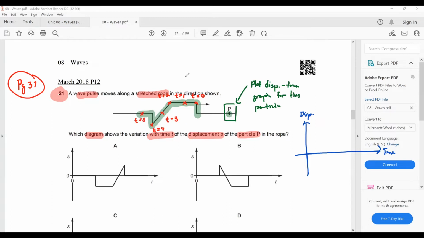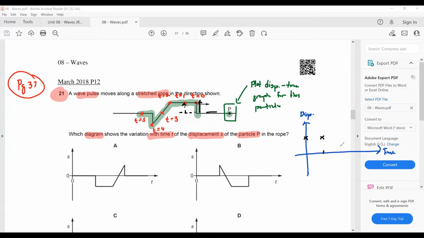Okay, so from here you try to trace out the displacement or the graphs according to the time that you have. So at t equals 0, if I look at it from the equilibrium position, this will be the displacement, so it will be over here. At t equals 1, this is the displacement, so it will be over here.